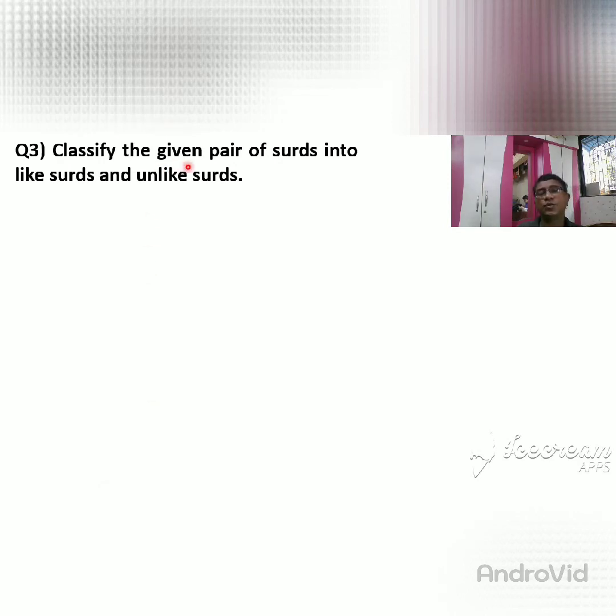Then see problem number 3. Classify the given pair of surds into like surds and unlike surds.